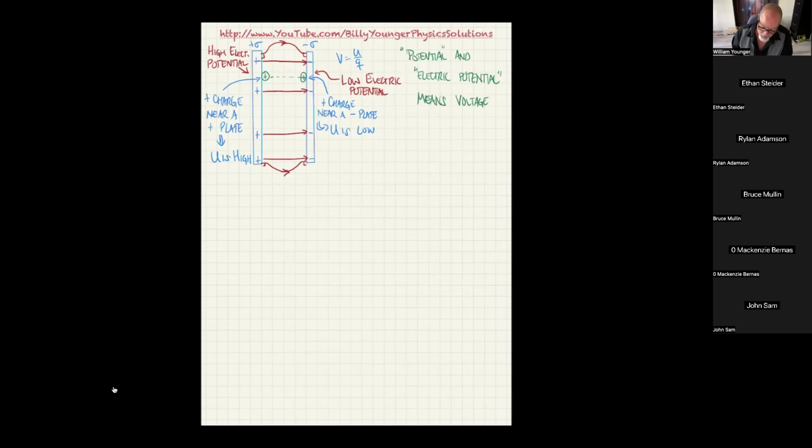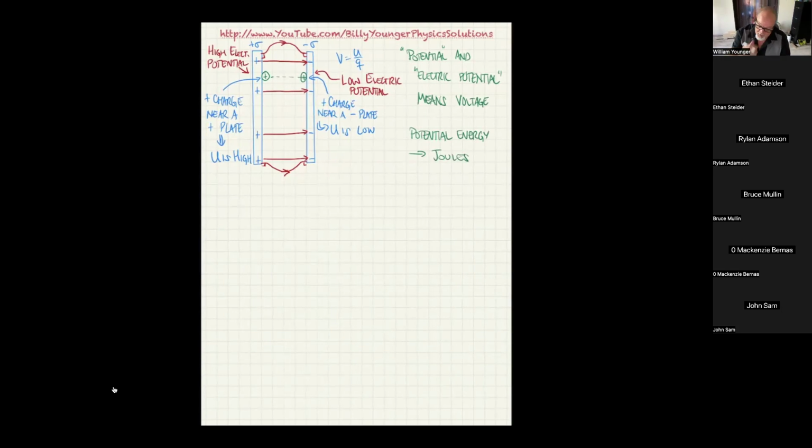Okay, so potential and electric potential means voltage, whereas potential energy implies joules.